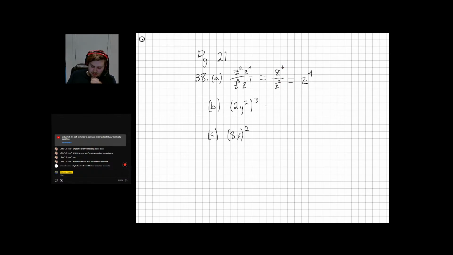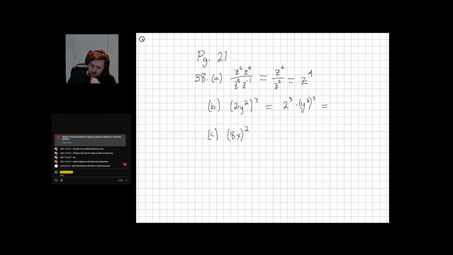Okay, this one is practicing a different rule for exponents. Exponents distribute over multiplication and division, just like roots do. So if I have a cube here, I can distribute because this is multiplication. So I'm going to get 2 cubed times y squared cubed. But power to a power, that's just multiplication.